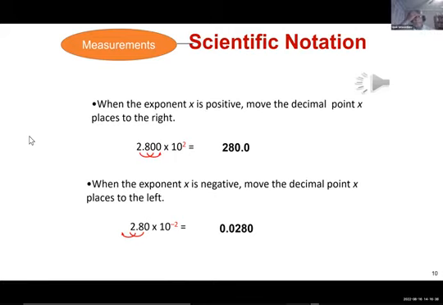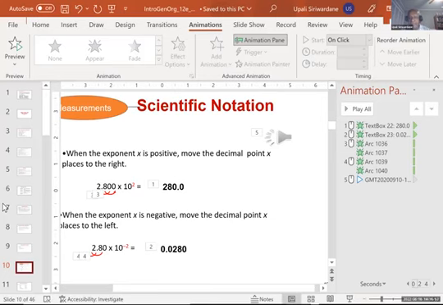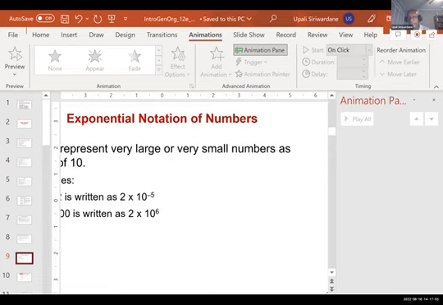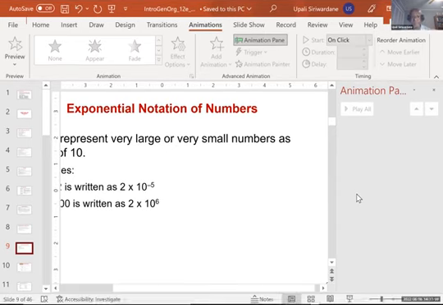For example, this number, hold on. That's coming from my, I had to go and, okay, don't pay attention to it. I'm going to go back there again.